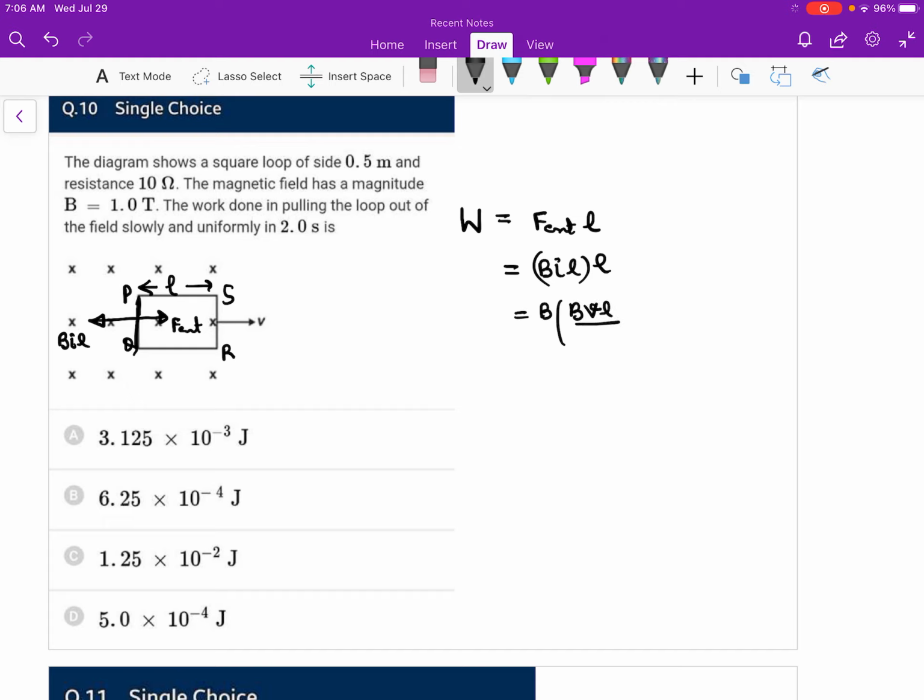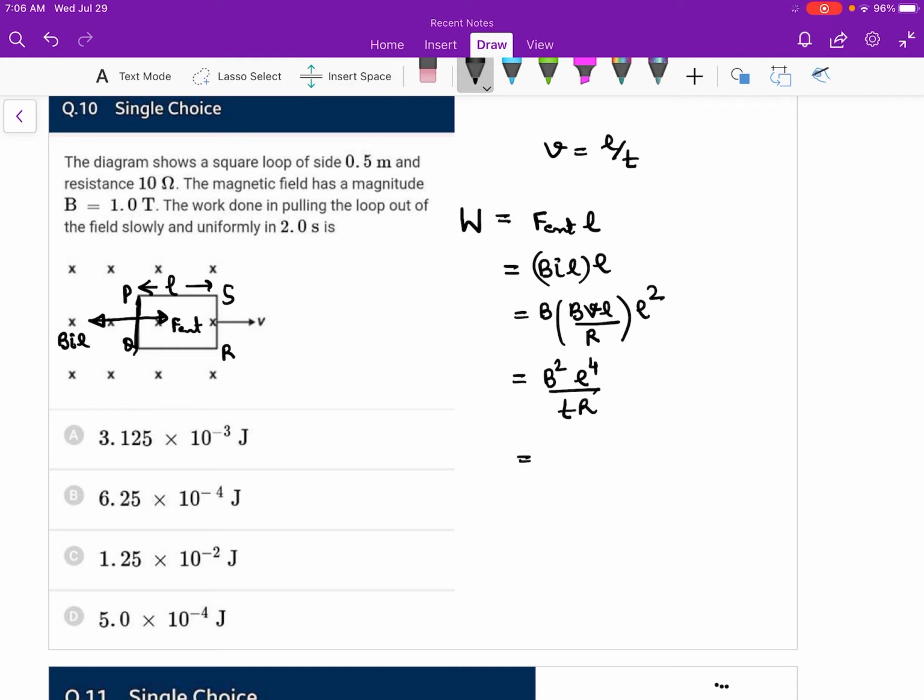Suppose the loop is coming out with speed V, so I is EMF, which is BVL, upon resistance R, into L square. Now since length L is coming out in time t, speed is L by t. So that is B square L cube upon tR.